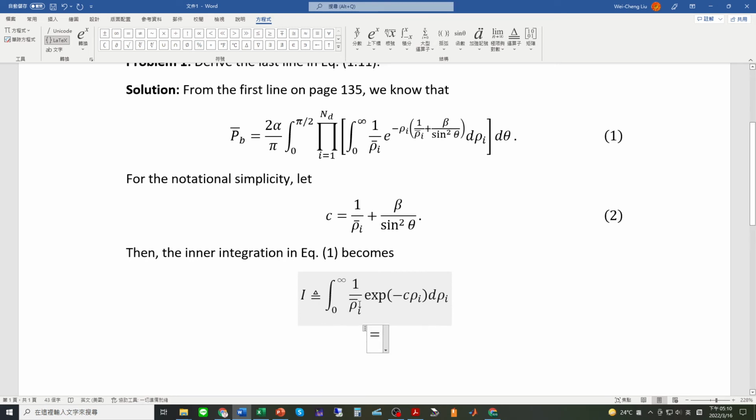Because 1 over rho bar I is a constant, we can move this out of the integration, like this.